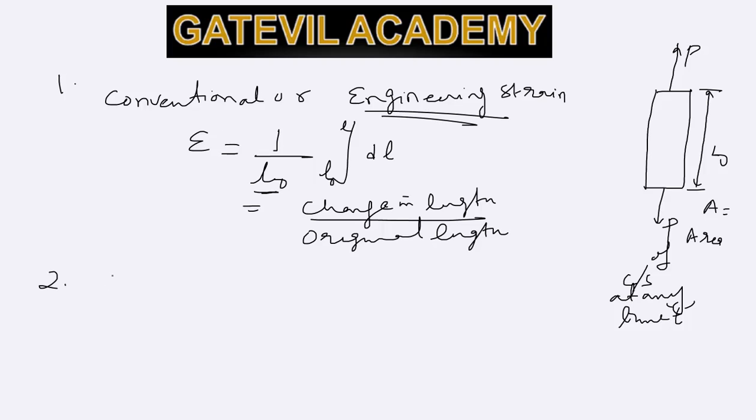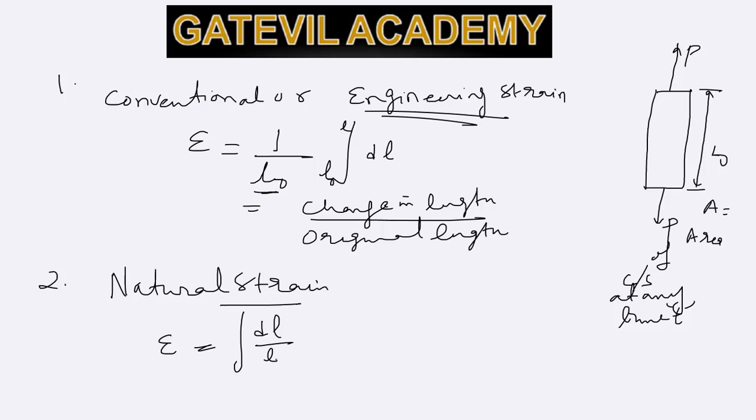Now we have true strain or natural strain. It is defined as the change in length per unit instantaneous length. So this is dl by L. This is instantaneous length at any point in time.